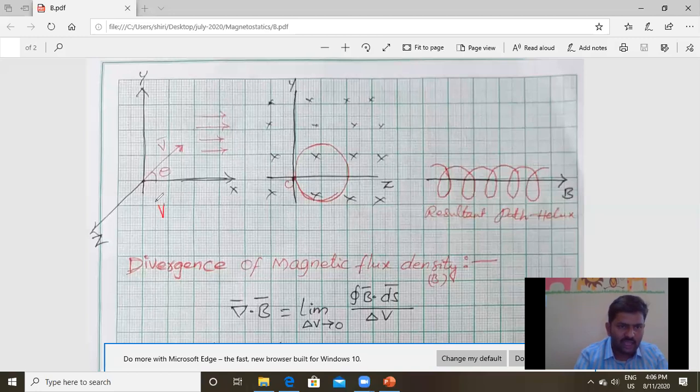Now, v bar can be written as Vx i bar plus Vy j bar.